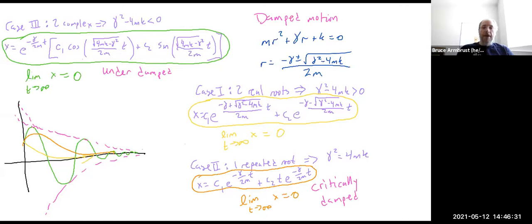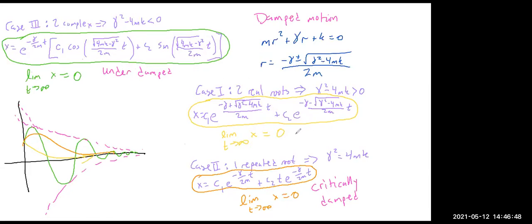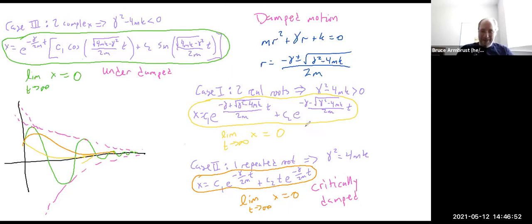Okay, so then I bet you can guess what we call the third one. If this one was underdamped. Overdamped? Hey, there it is. Someone's thinking like a mathematician. All right, so then this one is overdamped.